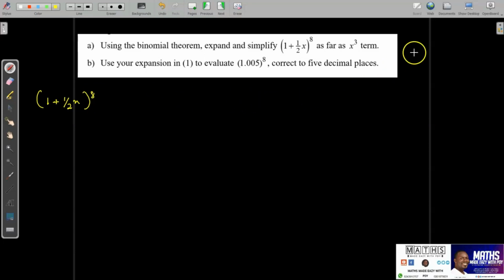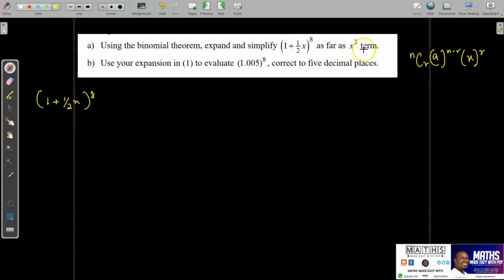Remember, the combination formula was given as n combination r, then a to the power n minus r, and then x to the power r. That's what we used. So we are going to write each term based on what we have here. As long as the index is a positive number, this formula can be used to write the expansion. And we are going as far as the x cubed term.